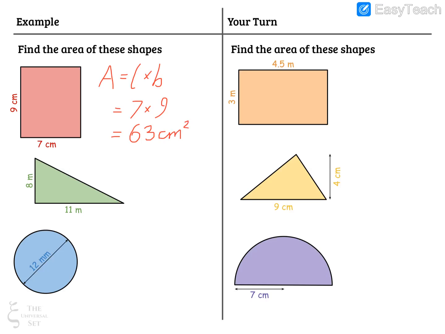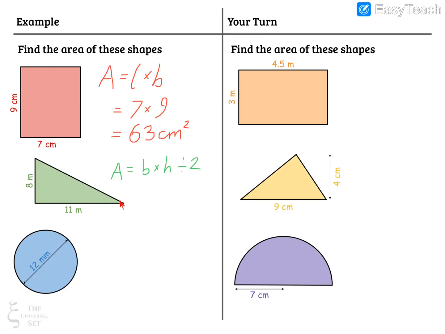The next one then is a triangle. I'll swap colours. There we go. And we said the area of a triangle was base times height divided by 2. And it's always a good idea to write out your formula first before you chuck your numbers in to make sure you've definitely got the right formula and that you're substituting correctly.